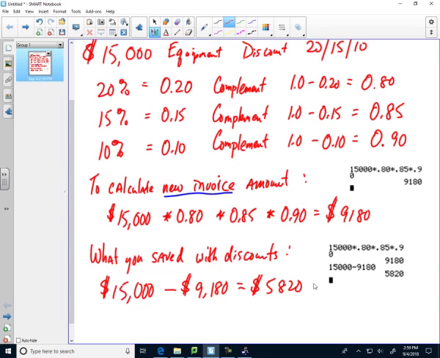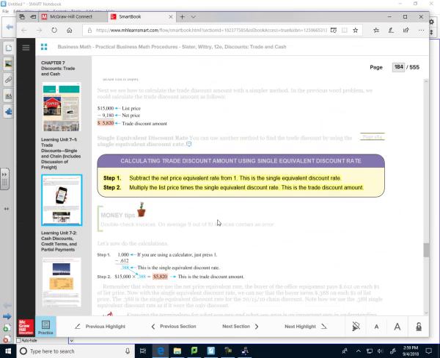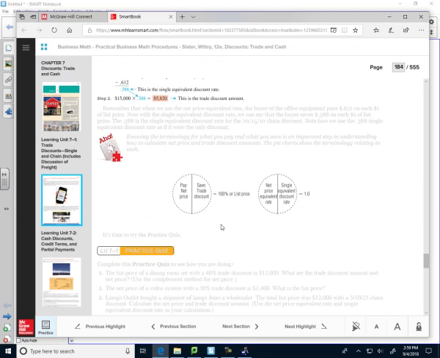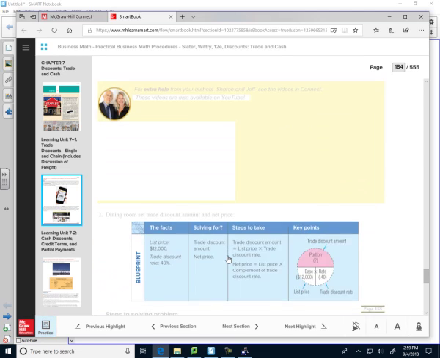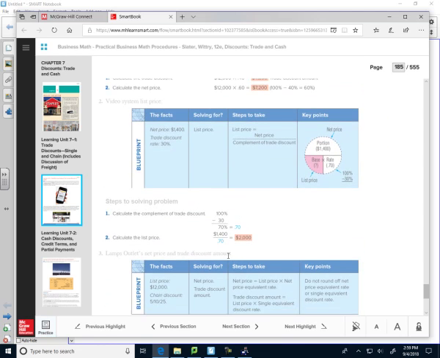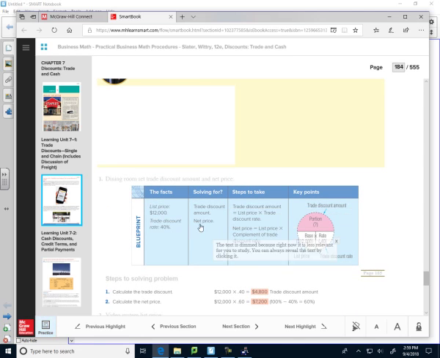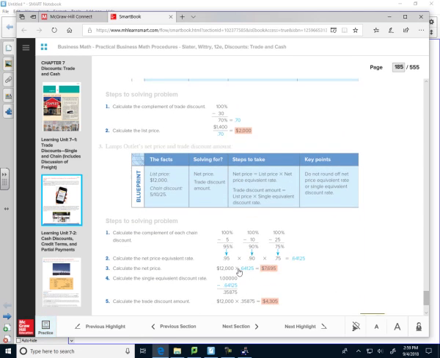So now what? Let's see what else is in the book. So we have a practice quiz. I don't know if y'all can read these blueprints if you want to. I don't pay that much attention to them. They might help you.